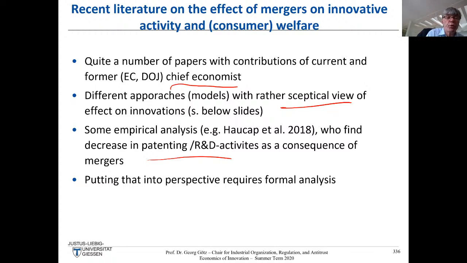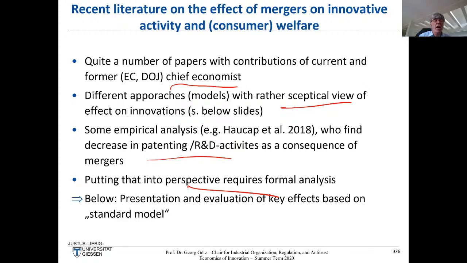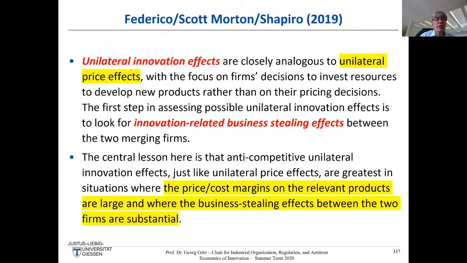Okay, we want to put that into perspective, and what helps you here is the kind of mechanisms or the kind of models we learned in this semester. What I do is really present a standard model. Actually, we didn't do that so much because we didn't go so much into the detail of the so-called differentiated Bertrand model, but I will explain it to you in effect.